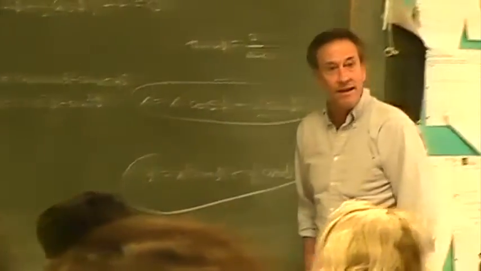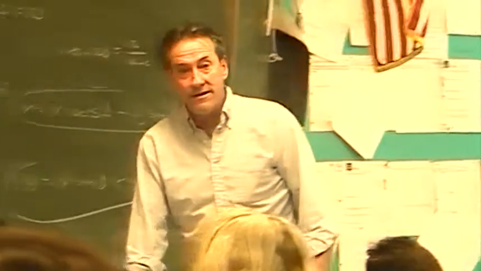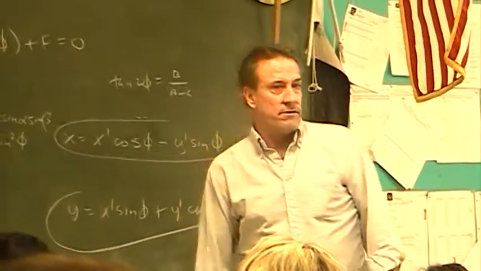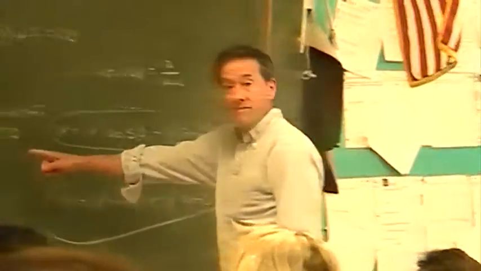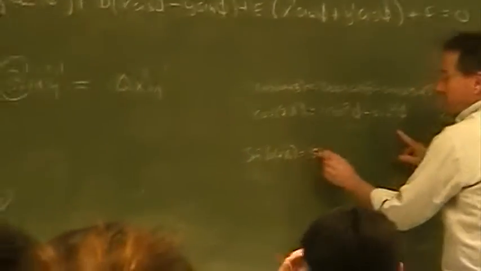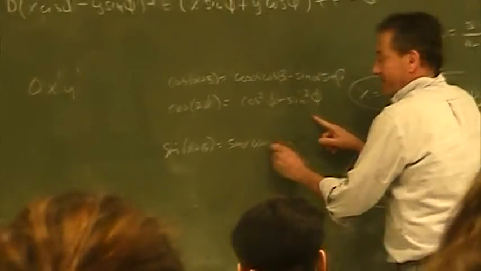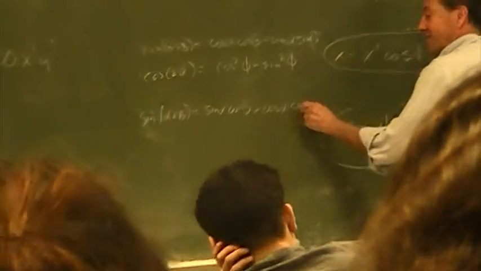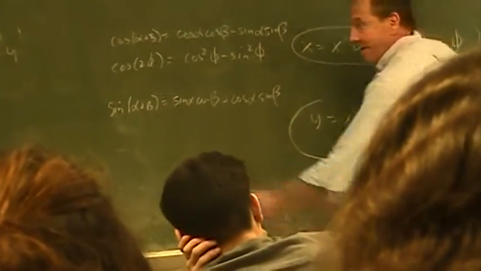Is that the double angle identity on page 181? Sine of alpha plus beta: sine, cosine, cosine, sine. We use those today.